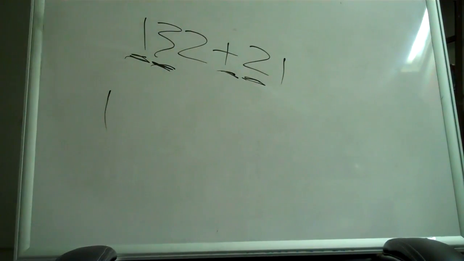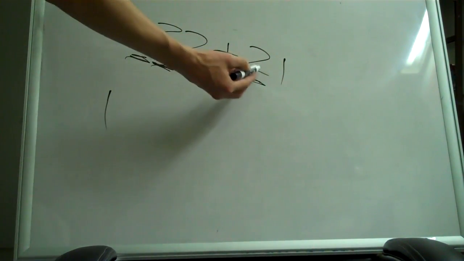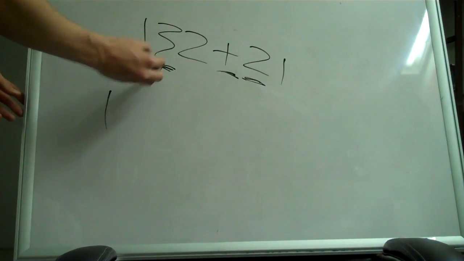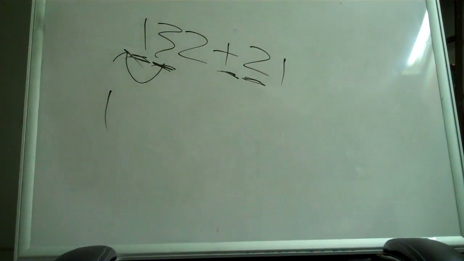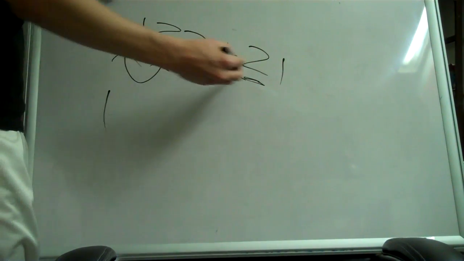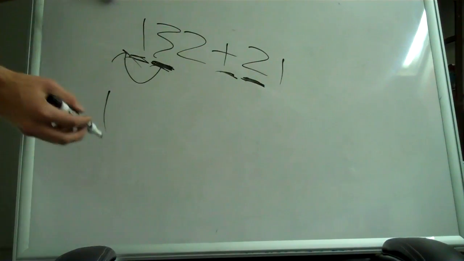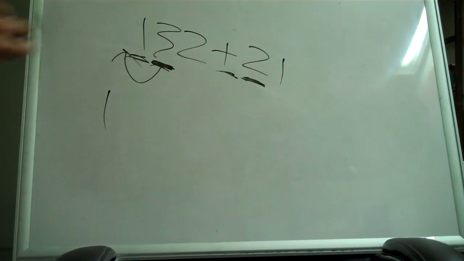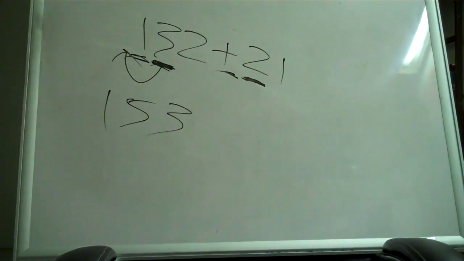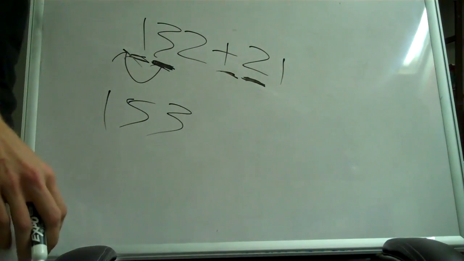We know the one's got to be constant, unless this is like 90 something, then that's just going to bump up this hundreds place. But we're essentially looking at the first common place in both numbers, which is the 3 and the 2. 3 plus 2, 5. 2 plus 1, 3. 153, bam! That's it. Okay? Made simple. Made totally simple.